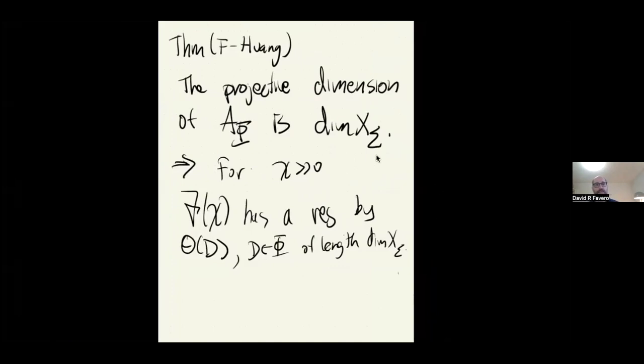So here's a nice fact. If I take this bundle Thompson algebra, the projective dimension of it is actually just the dimension of the toric variety.